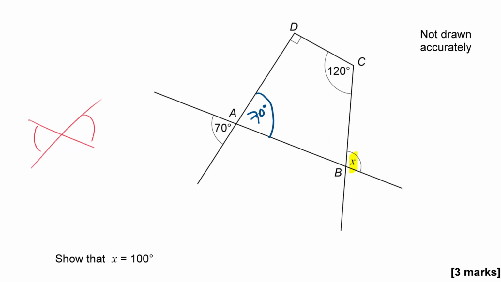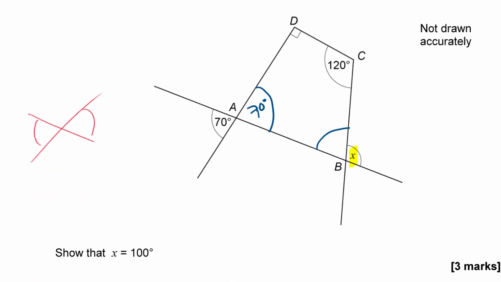Now we can work out what this angle is here. We can use the fact that ABCD is a quadrilateral. We were told that at the top, and that the angles in a quadrilateral add up to 360 to work out that B angle.